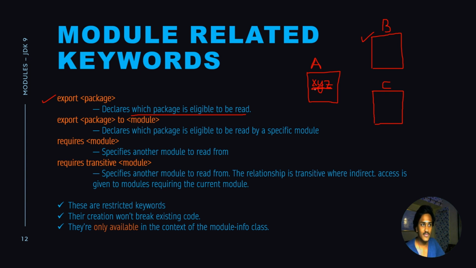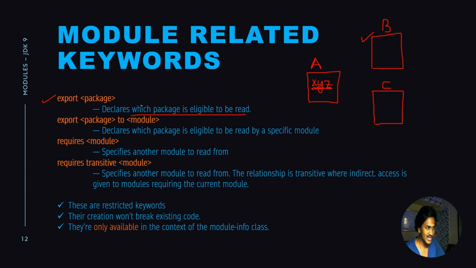In fact, we just want to make this XYZ package public throughout the modules. And within B, you would add a dependency of module A, which will help you access this XYZ package which module A exports. So this is what export package does.